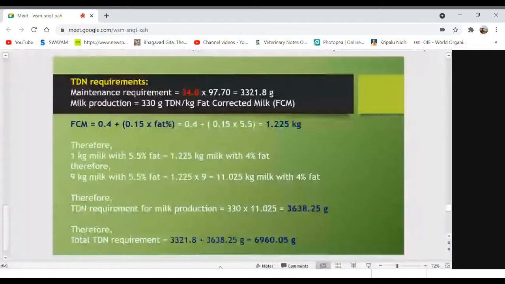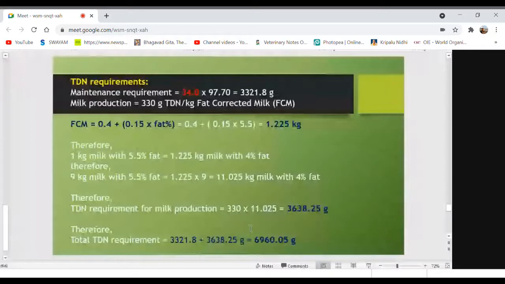So how to calculate the percentage? Suppose this much kg dry matter you provide, what should be the concentration of TDN in 100 kg ration? It is interesting. These things I will also cover later on.